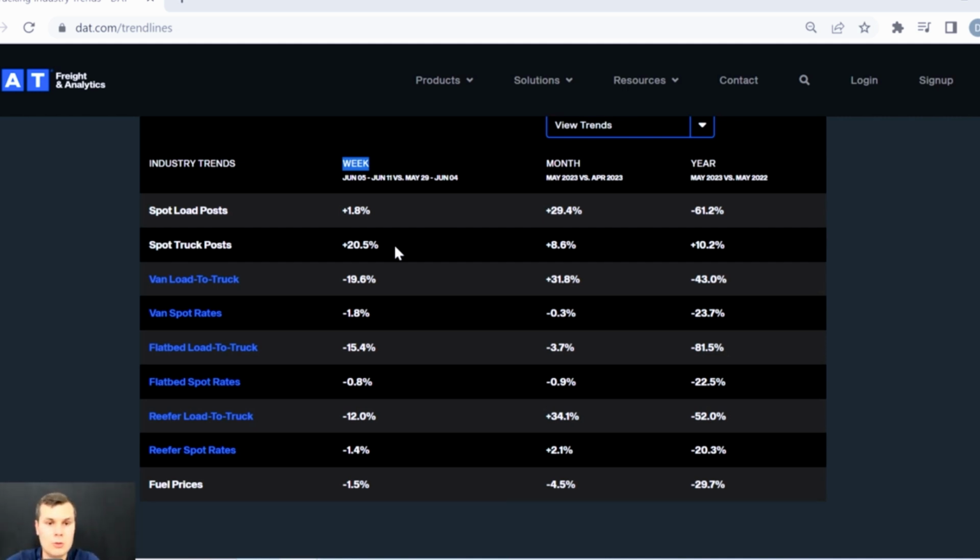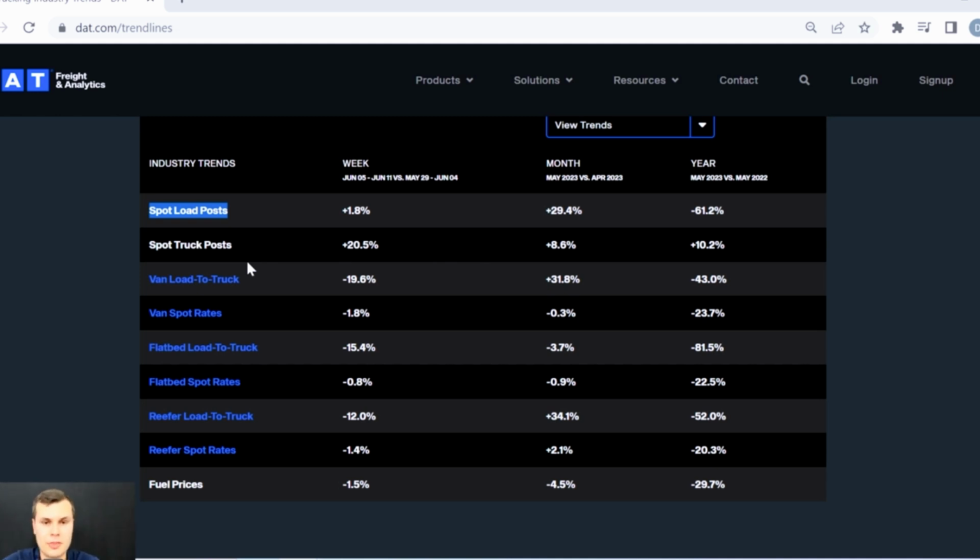So let's say you're always running the same lane, and your driver usually runs it for $1,000, but then you see a very big spike in the number of load posts and a very big spike in load to truck ratio. This could mean that for the next week you can try and negotiate a higher rate with the brokers for the same lane.